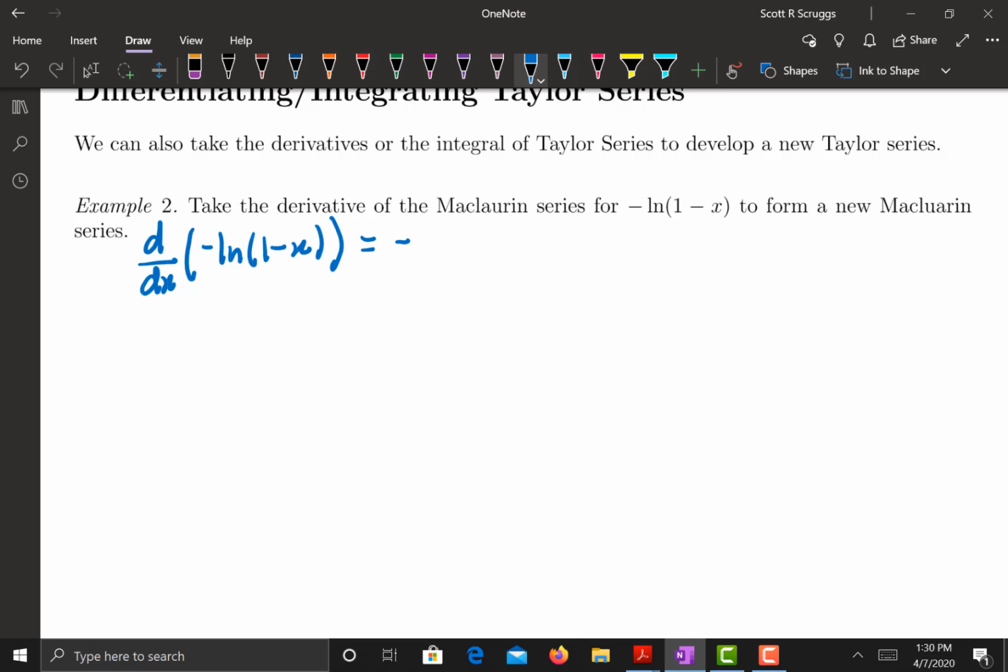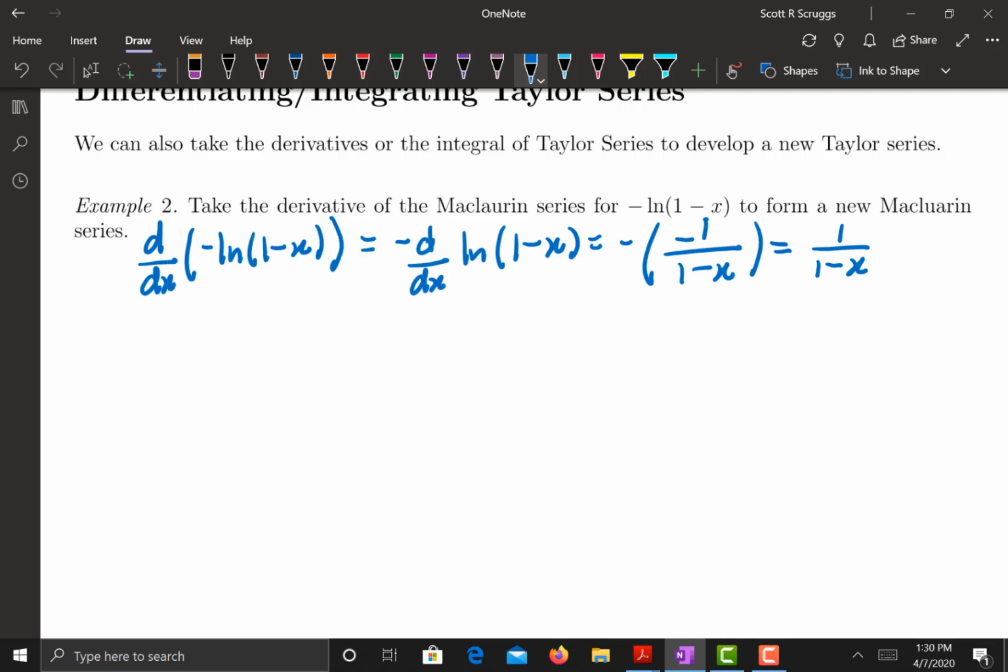Now take a derivative, have a constant of negative 1. So that'll be a negative natural log of 1 minus x. And derivative of natural log of 1 minus x is negative 1 over 1 minus x, which means I should expect the derivative of that to be 1 over 1 minus x.